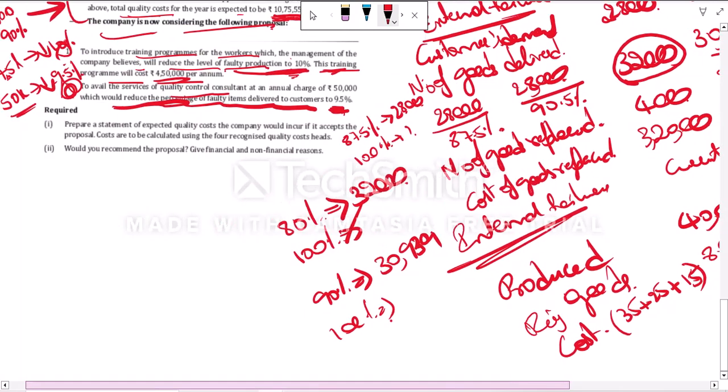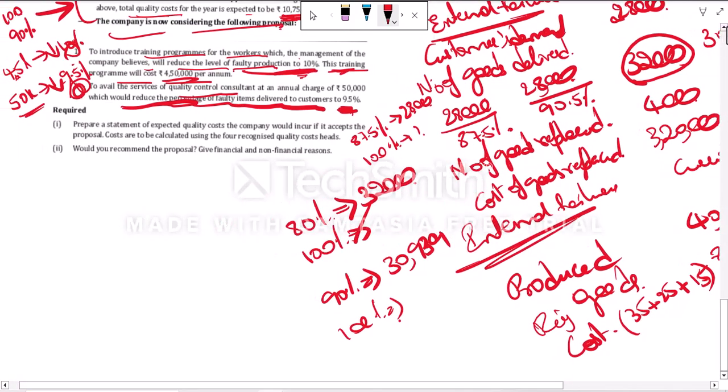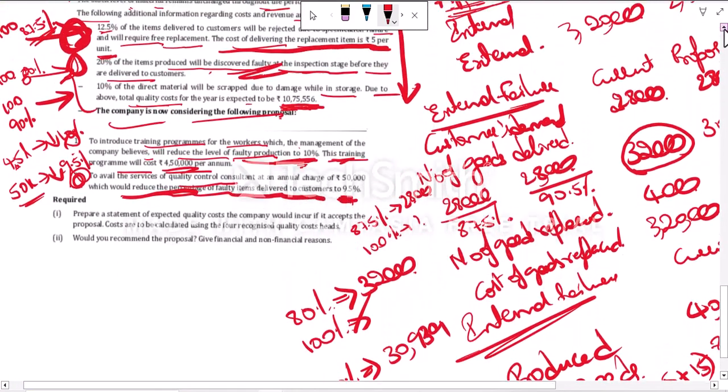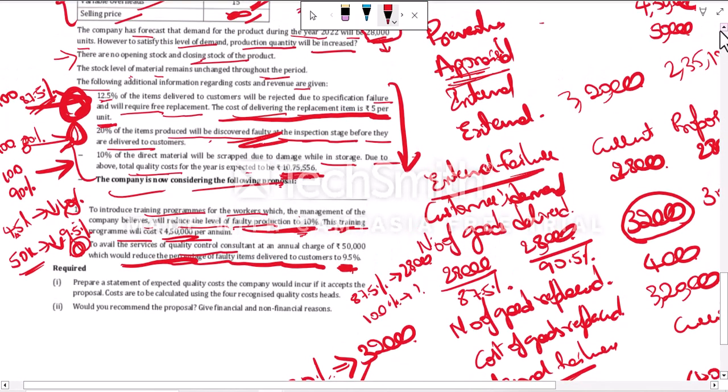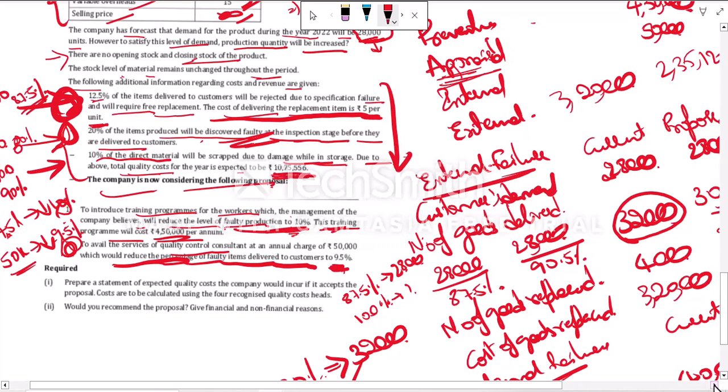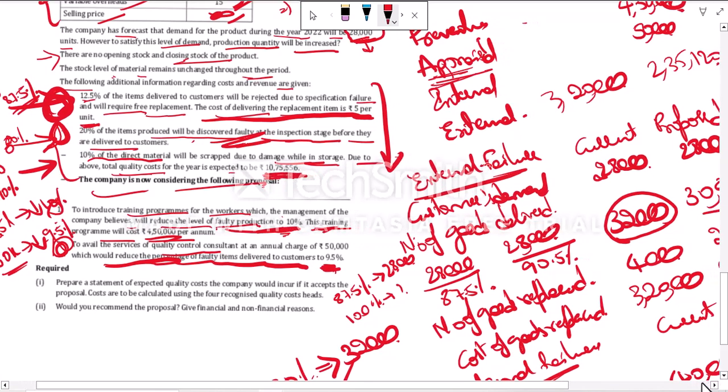And one more point is that this is not alone. There is some other cost here. See, 10% of direct material will be scrapped due to damage while in storage. Scrap is internal failure cost. Okay. So we have to include that in internal failure cost. 10% of direct material will be scrapped.